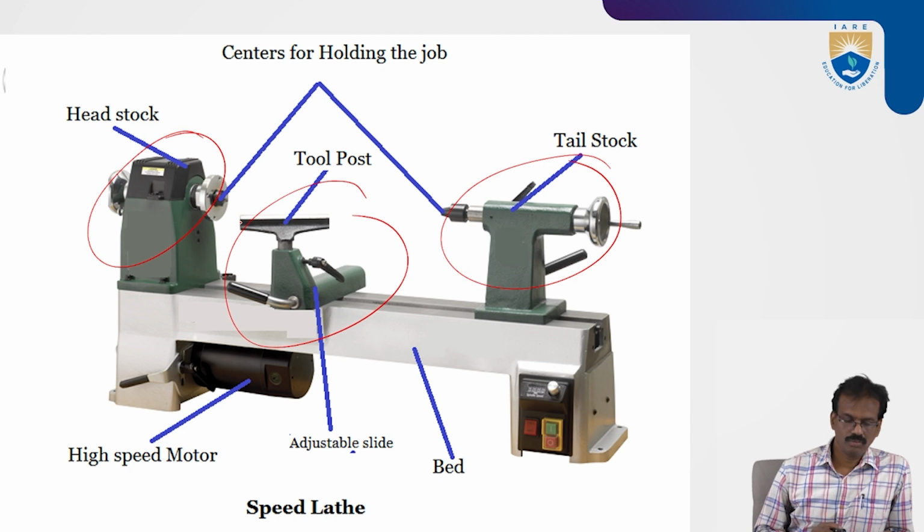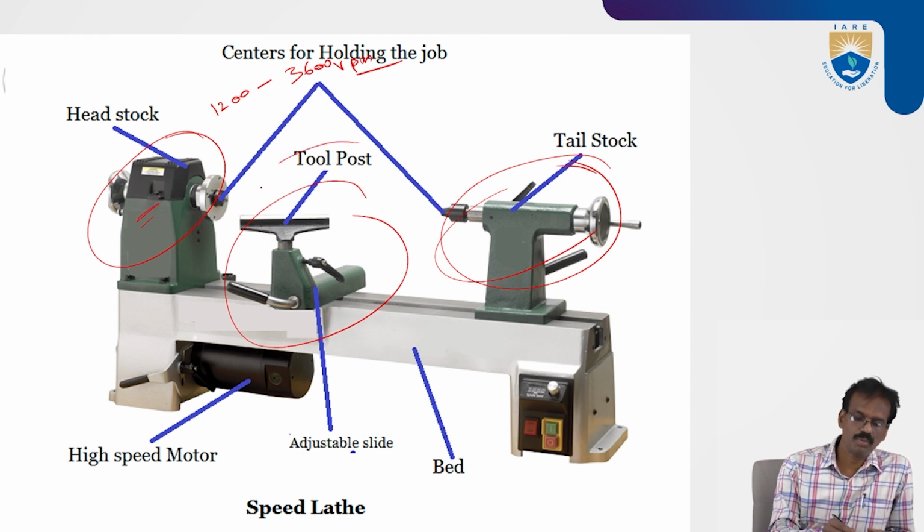The headstock provides the high speed, like 1200 to 3600 RPM range. You know the use of the tailstock is to give the support. Tool post, you know the importance of the tool post, to hold the tool to perform operations.